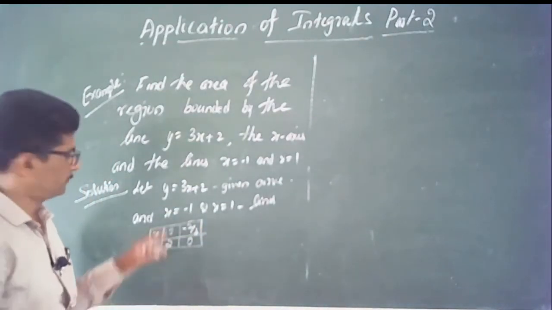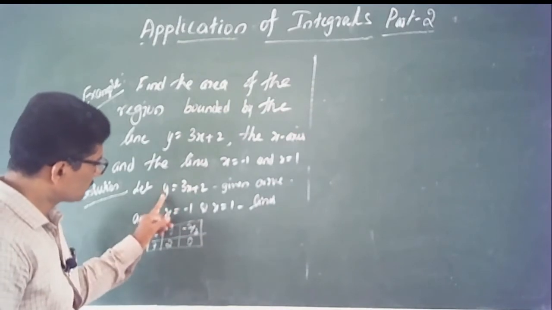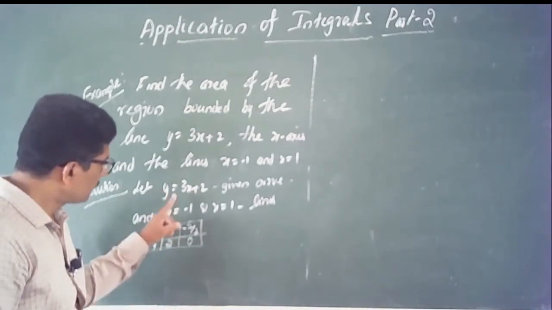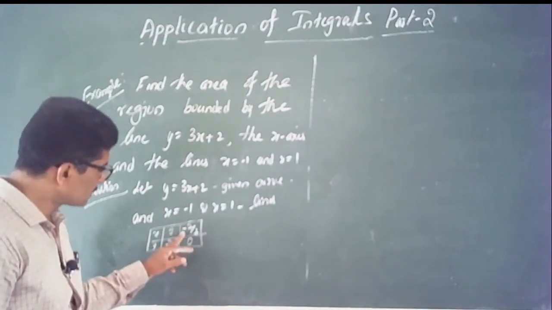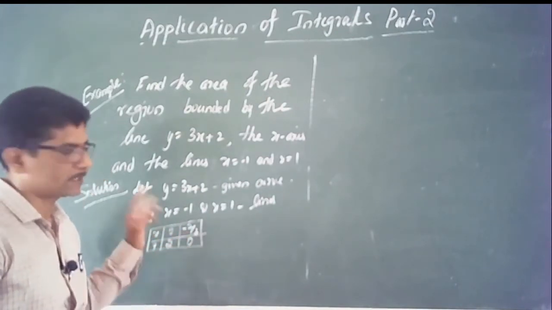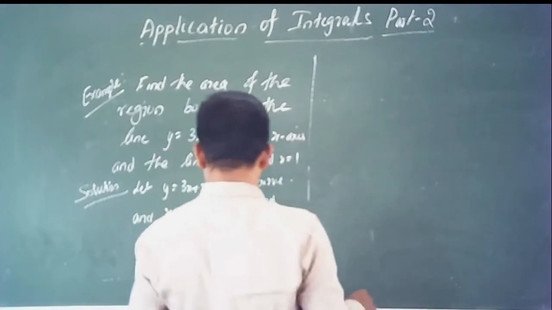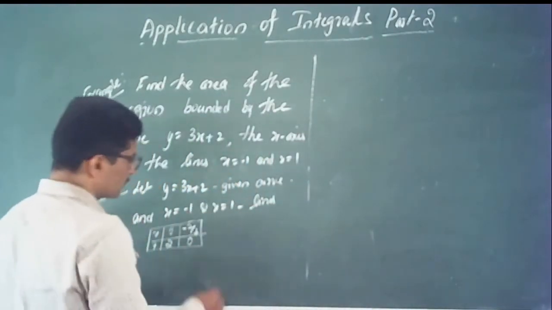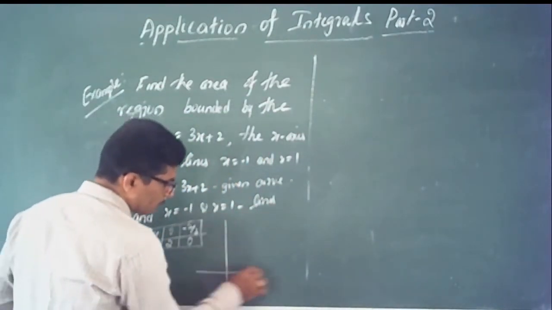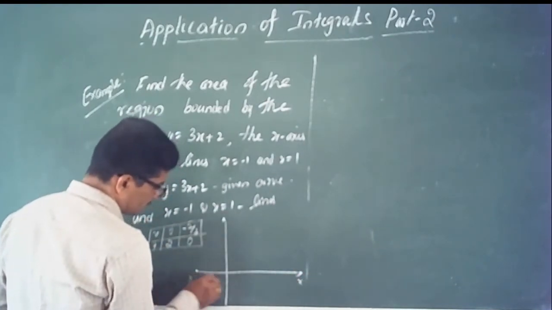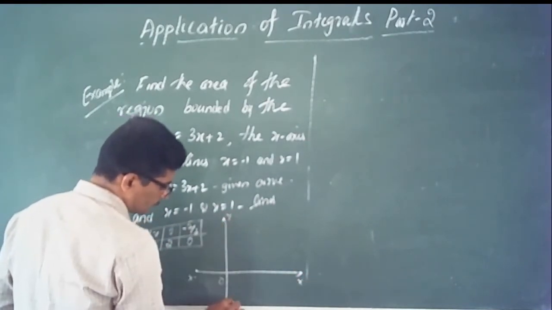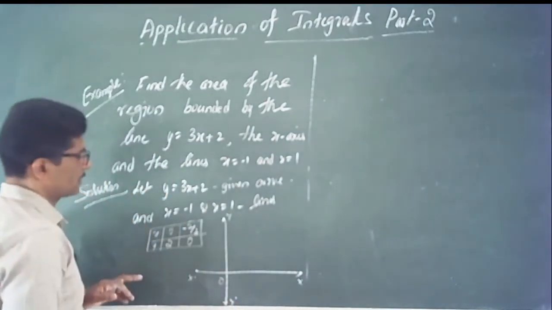It is clear. Put the value of y equal to 0, 3x plus 2, it means x is equal to -2/3. Here draw the figure. Figure is very important. This is the coordinate axis, origin, y-axis, this x and y-axis.